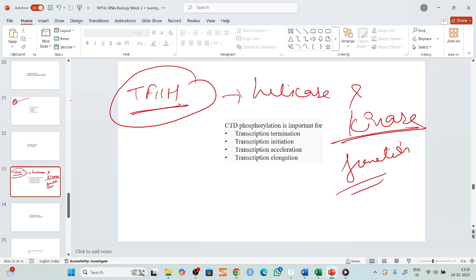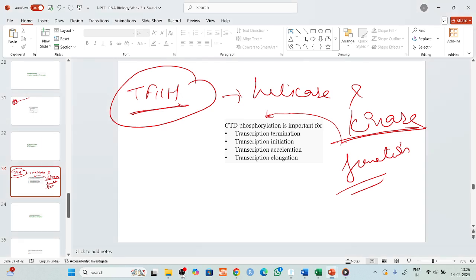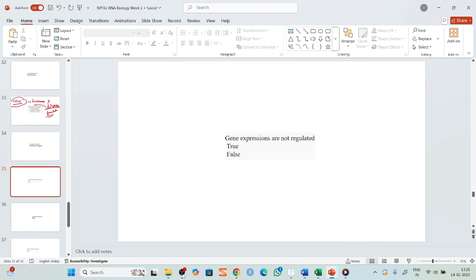This kinase activity helps in the phosphorylation of the carboxyl terminal domain. Is it fine? Now we'll come to the next question.